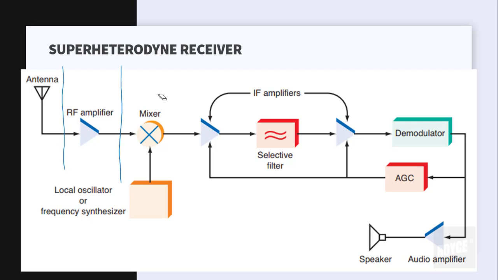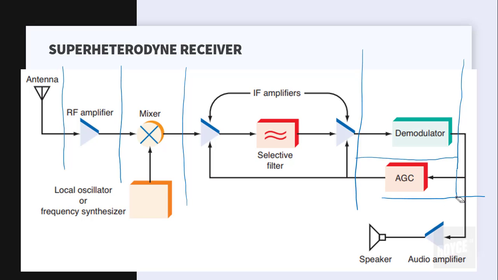And then after that will be the heterodyne na ito, the mixer local oscillator stage. And then we have the IF stage. And then demodulation. Yung AGC, automatic gain control, minsan meron, minsan wala. And then last is the audio amplifier.